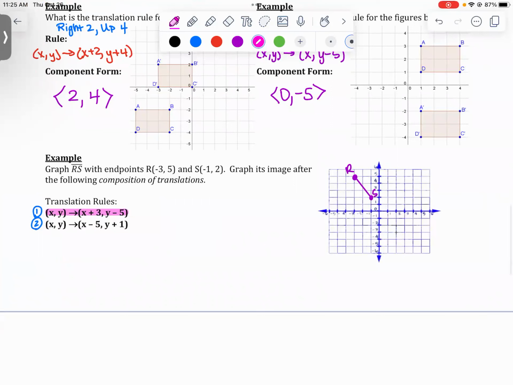So let's go right 3. Are you at the origin for R prime? Okay, good. Right 3, 1, 2, 3, 4, down 5. So I'm going to label that R prime and S prime.